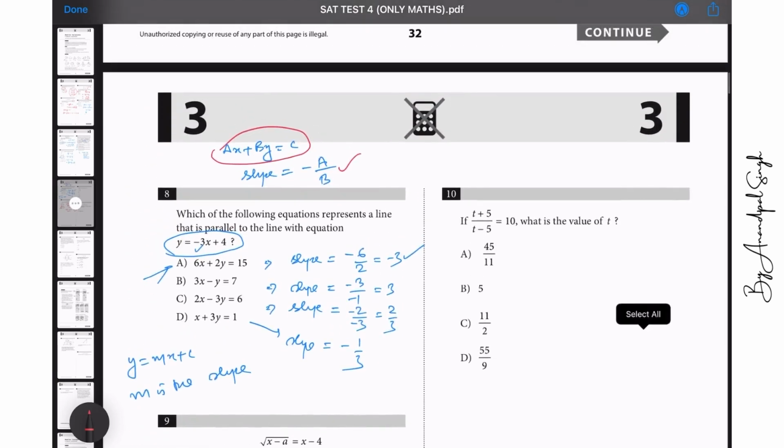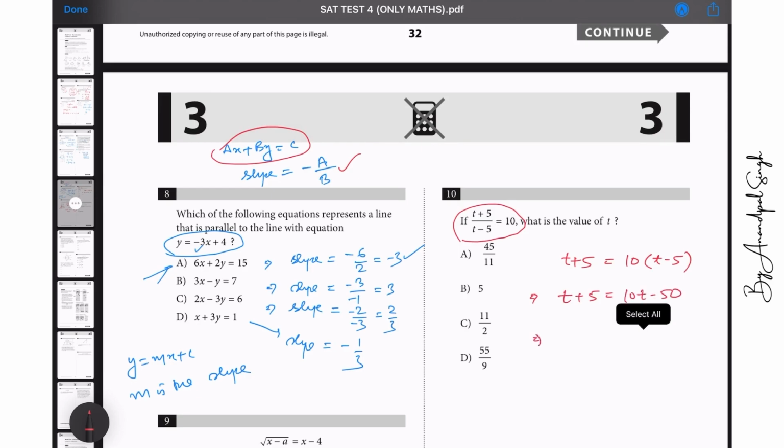Next question, question number 10. If t plus 5 over t minus 5 equals 10, what is the value of t? Simply cross multiply it. When you cross multiply, you get t plus 5 equals 10 times t minus 5. Now expanding the right hand side, we get 10t minus 50.